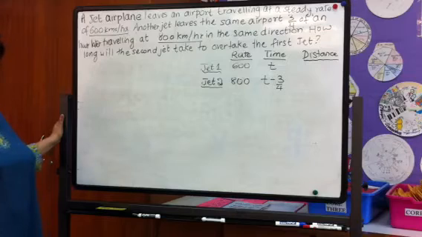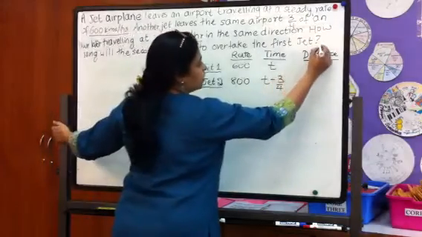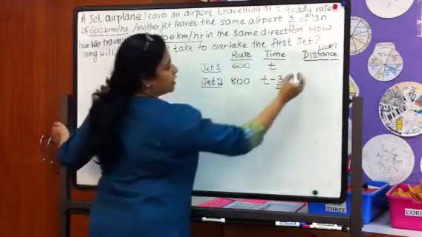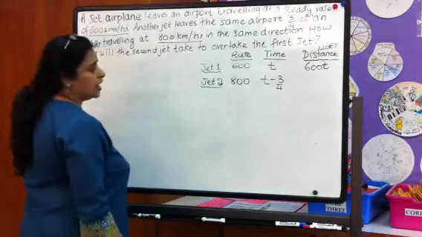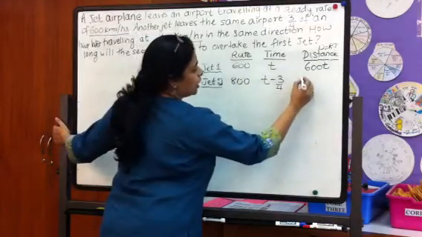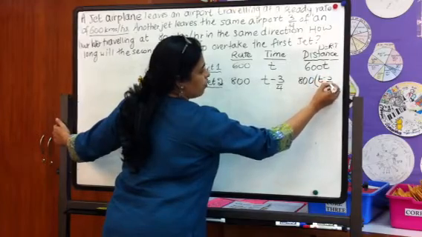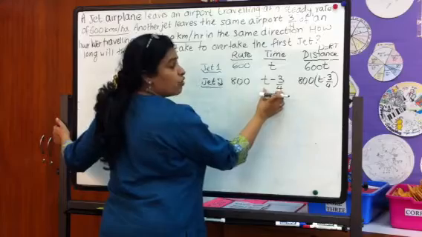The distance can be calculated with rate times time. So d equals r times t, which in our case is 600 times t, that is 600t. And for jet 2, it is 800 times (t minus 3/4). Remember to put it in brackets.